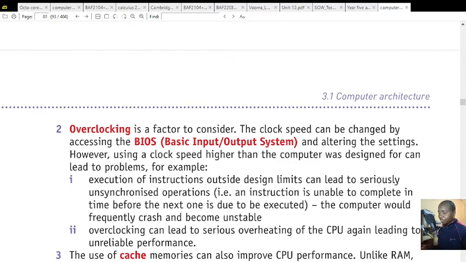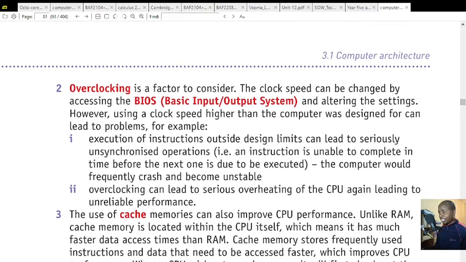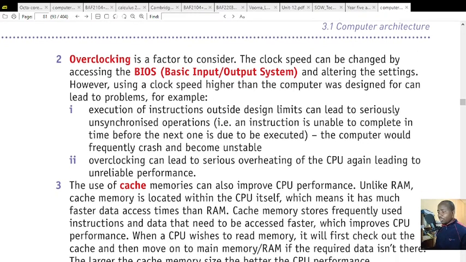So it is important to make sure that you have enough cache memory within the processor, so that your computer speed can be greatly improved. Because when you improve the speed of the processor, technically you are also improving the speed of the computer.